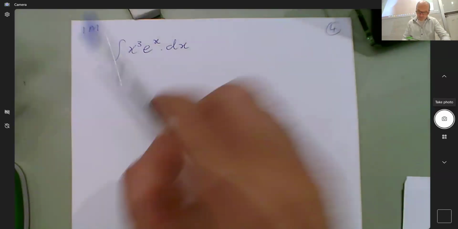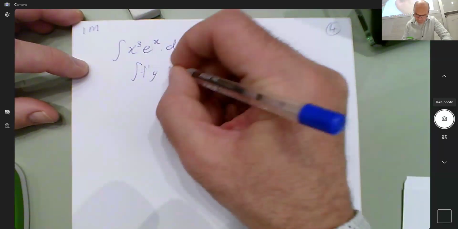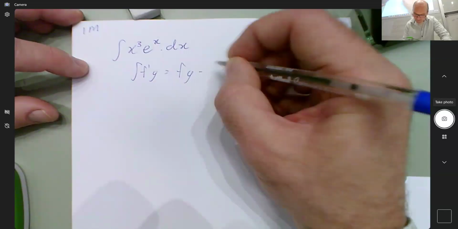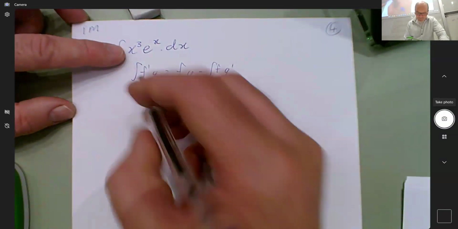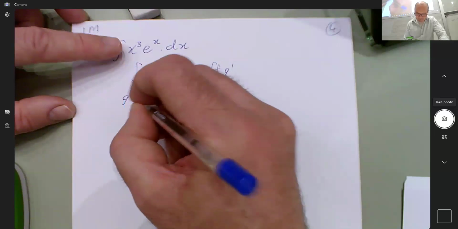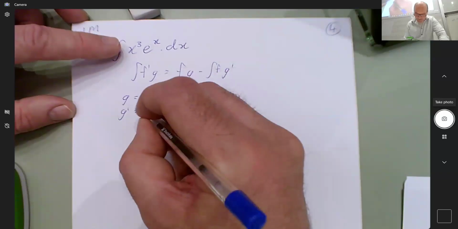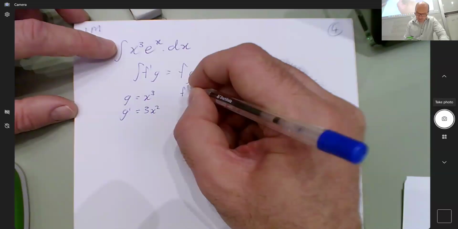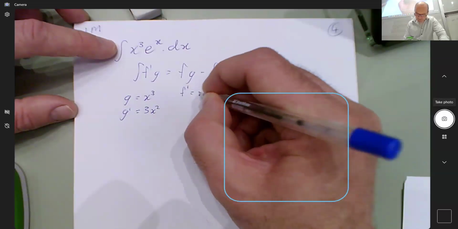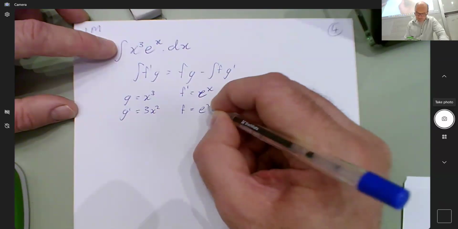So again, integral of f dash g is equal to f g minus integral f g dash. I'm going to make g equal to x cubed, so that g dashed is equal to 3x squared. And so my f dashed is equal to e to the x, and so my f is equal to e to the x.